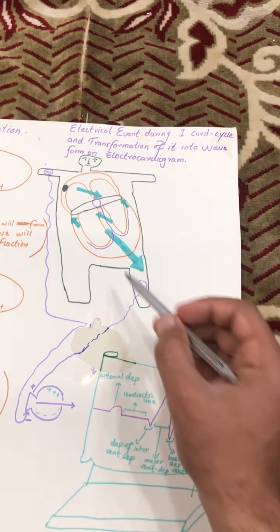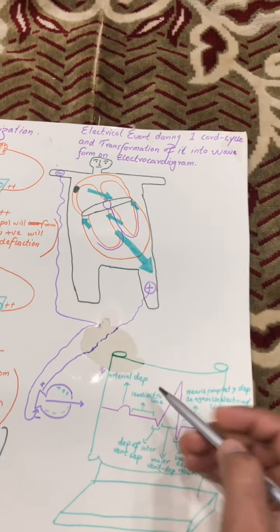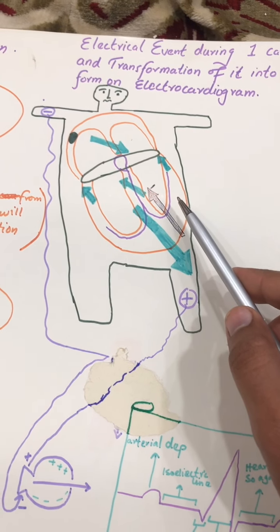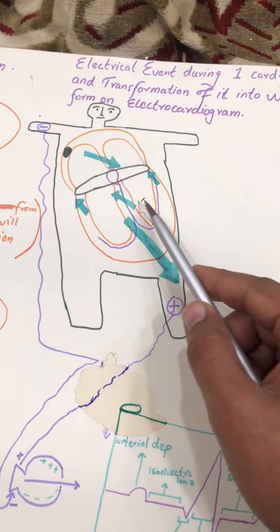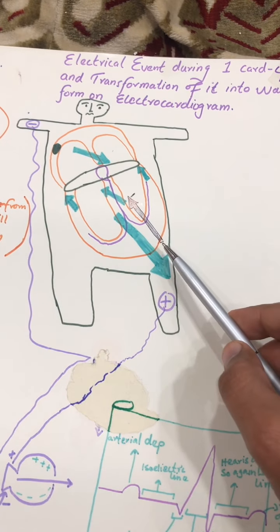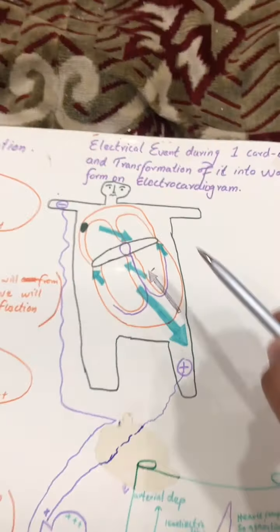And see, again, this is a small portion of the ventricle, right? So it is going to produce this small wave, a negative deflection. After that, repolarization of the ventricle starts, and repolarization is opposite to the direction of the depolarization.